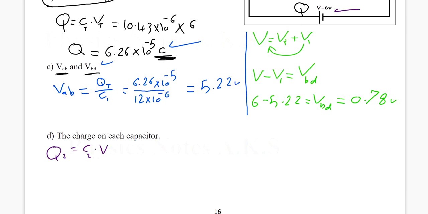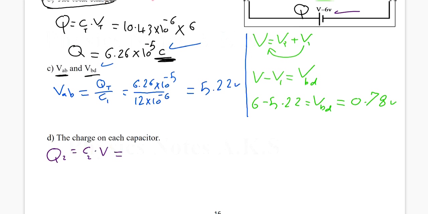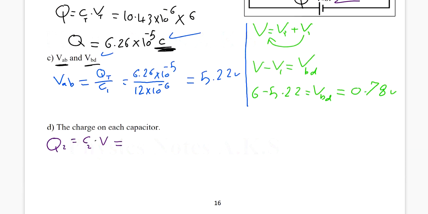Okay, so it's going to be C2, how much was it? It was 60 multiplied by 10 to the power -6, multiplied by the V, which is 0.78.